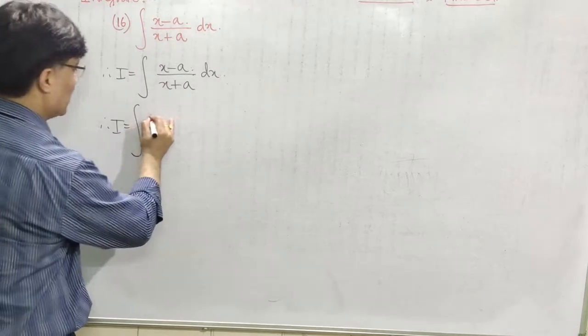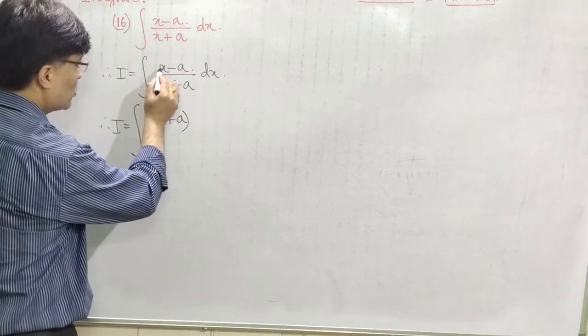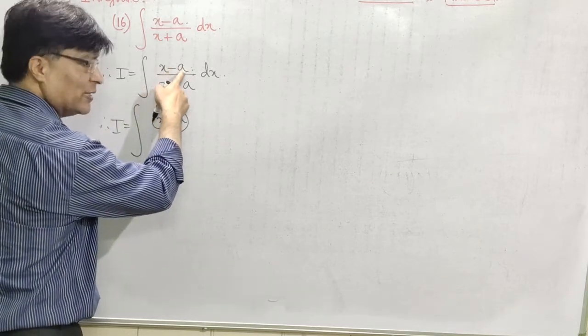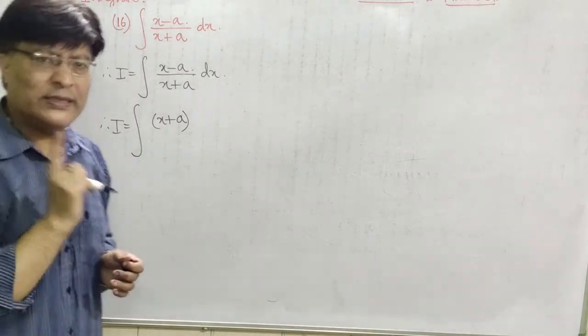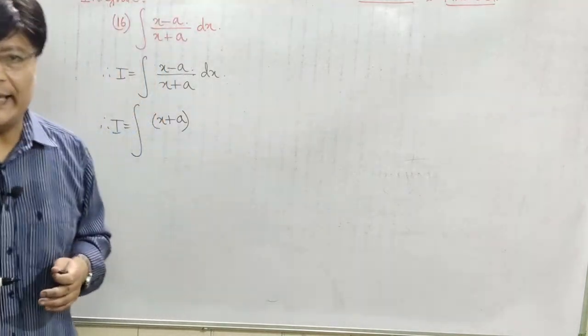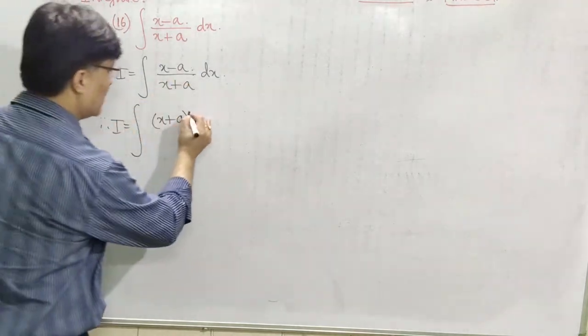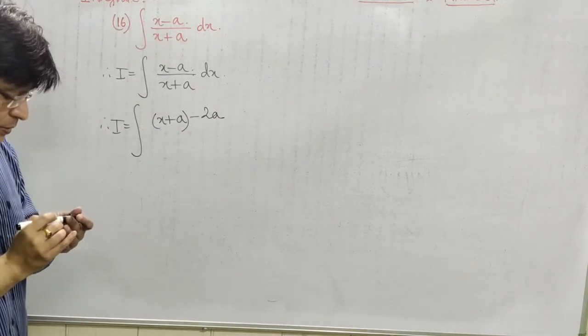whatever is in the denominator, we write that in the numerator, that is x plus a. So x is correct here, but there is minus a in the question, but here we are getting plus a. So what will you do with this plus a to make it minus a? With plus a, we add minus 2a, then we get minus a. I think you have understood it now.